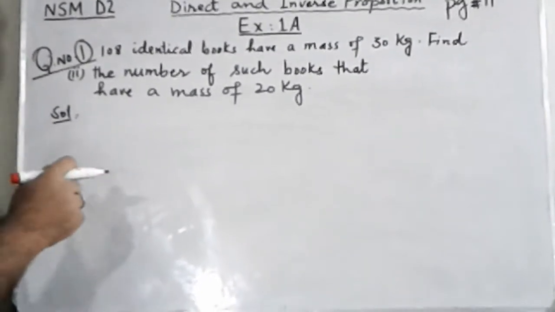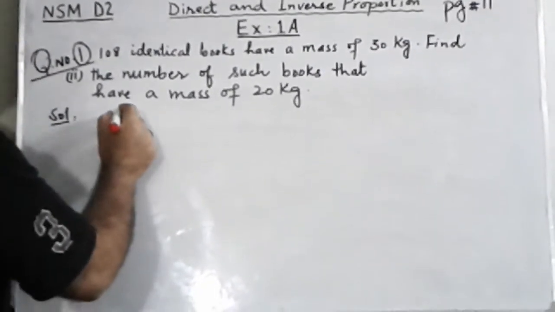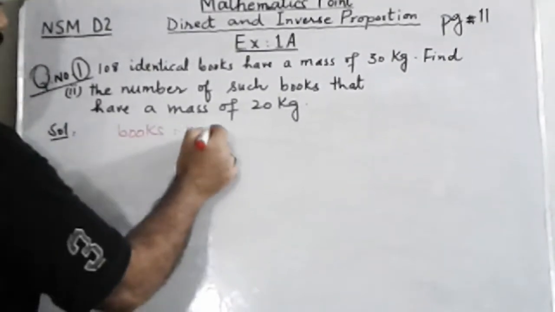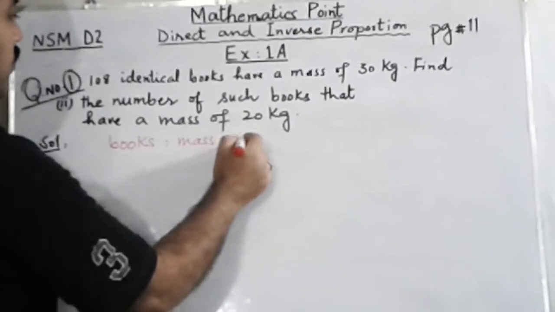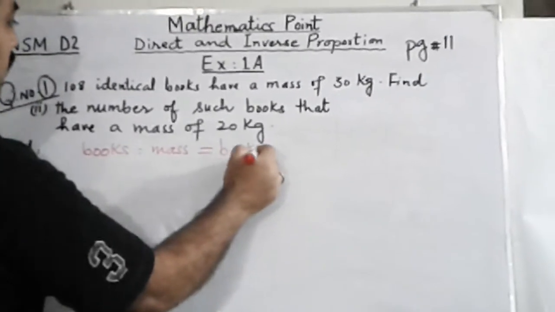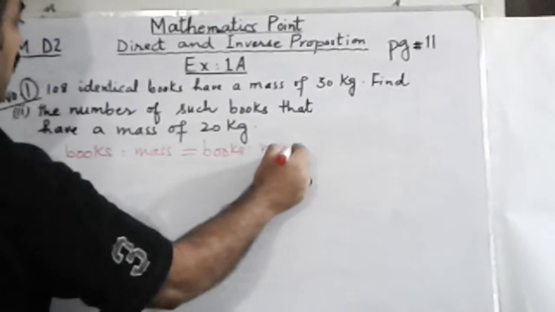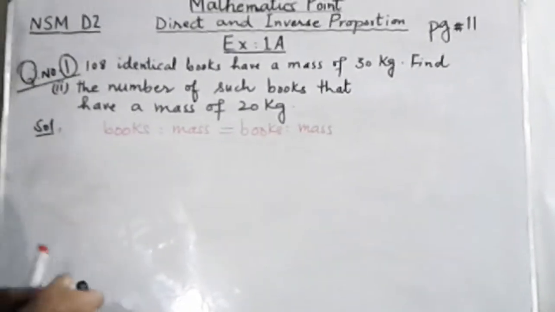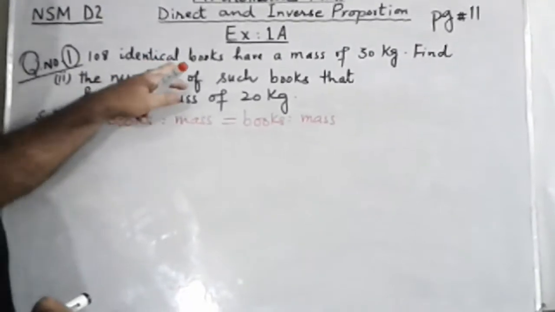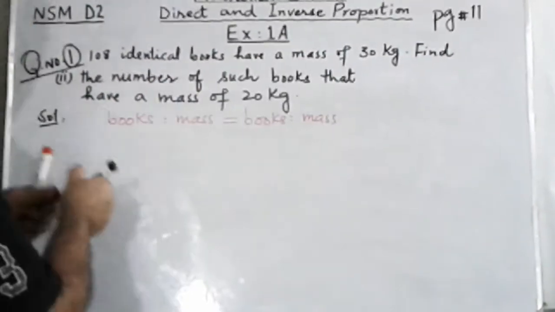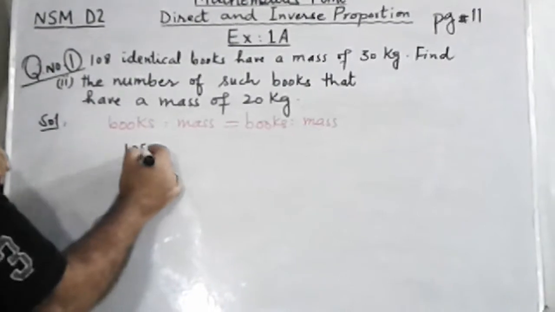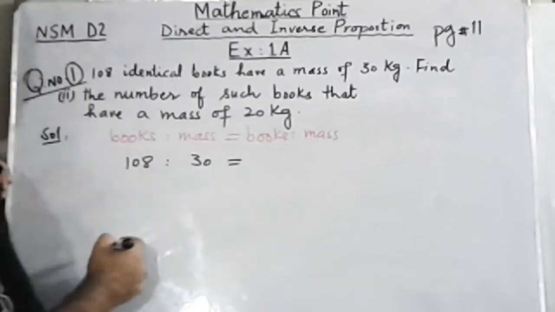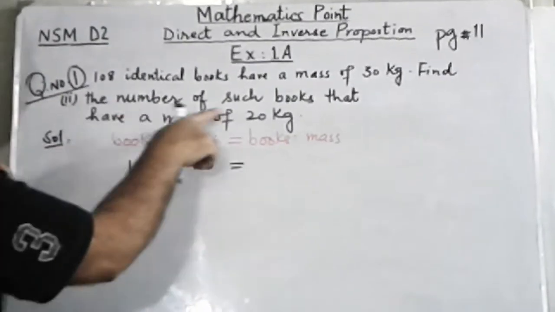Again we will write it as books ratio to mass, that is equal to books ratio to mass. So 108 identical books have a mass of 30 kg. Books 108 having the mass of 30 kg is equal to the number of such books.